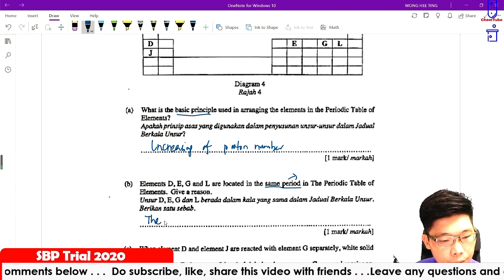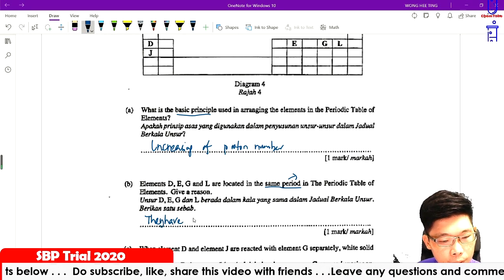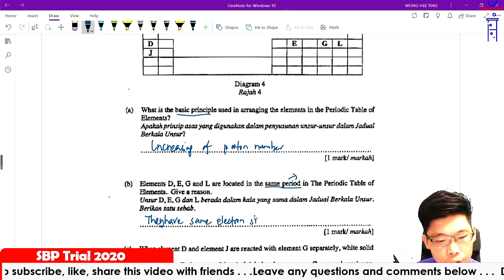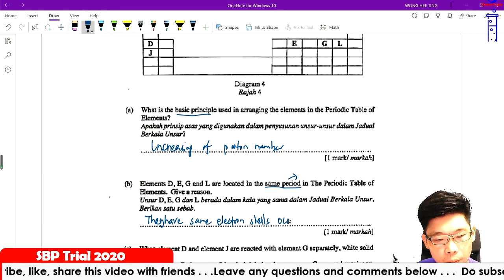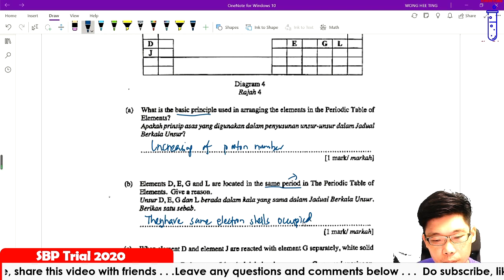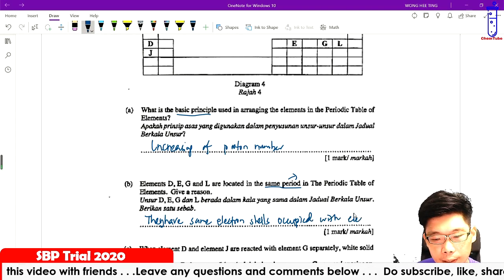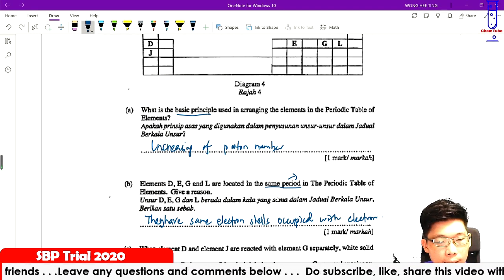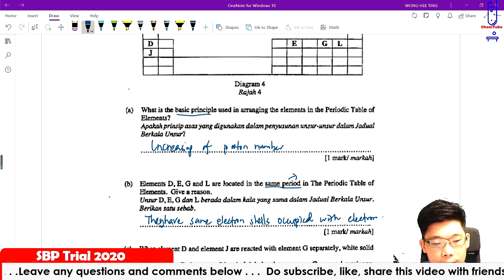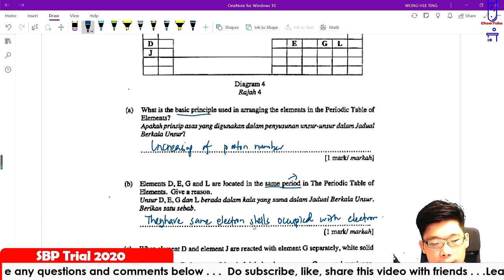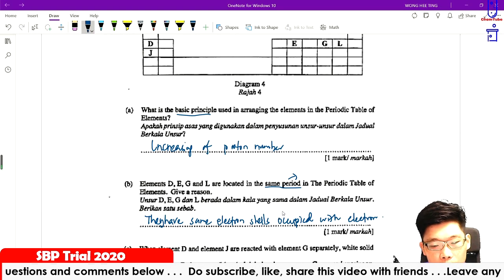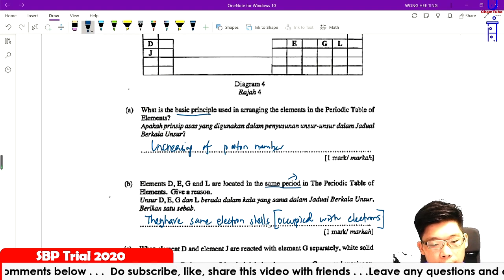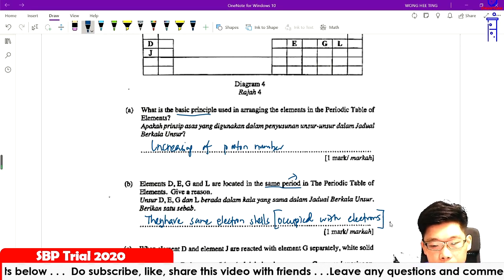So when you write your answer, especially when you mention the period, you have to mention same electron shells occupied with electrons. Don't just say they have the same electron shells. It's not complete. So remember that.